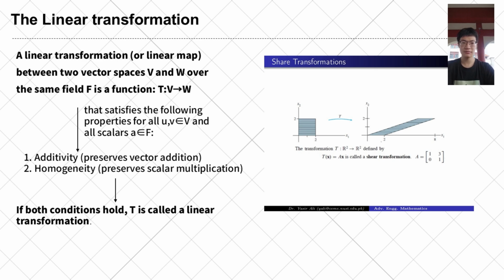In other words, it satisfies the properties below for all u and v belong to set V, and all scalars a belong to set F. The first one is additivity, the preservation of vector addition. The second property is homogeneity. That is the preservation of scalar multiplication. If both properties hold, the T is called a linear transformation.